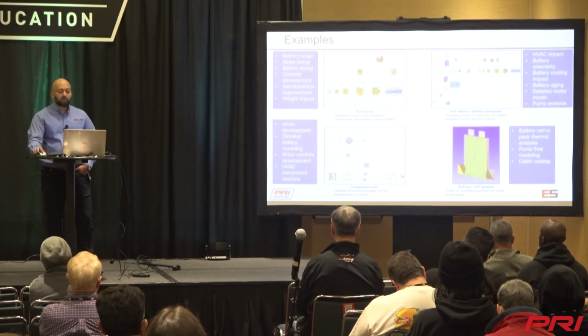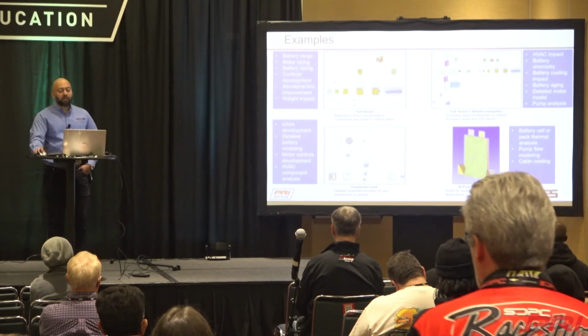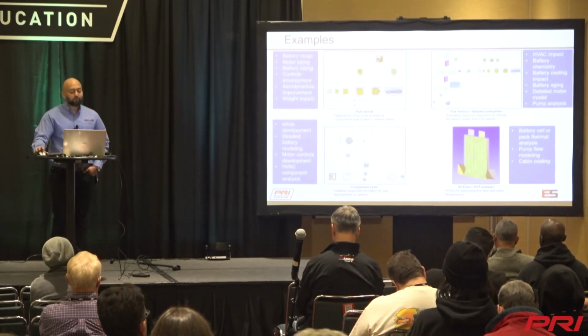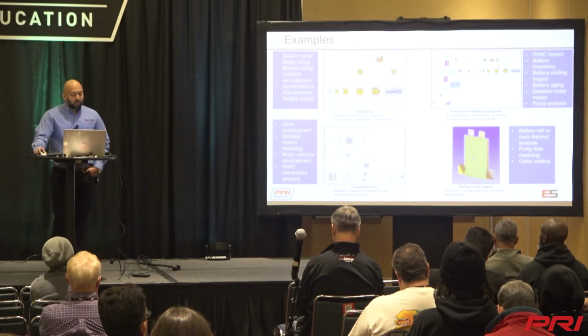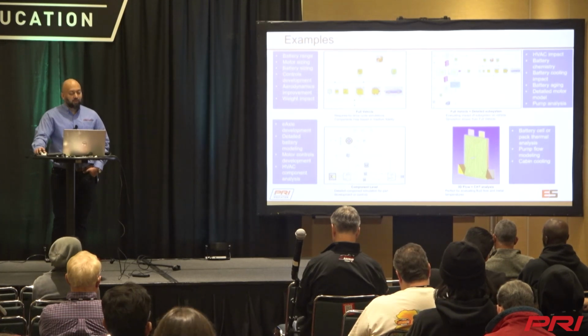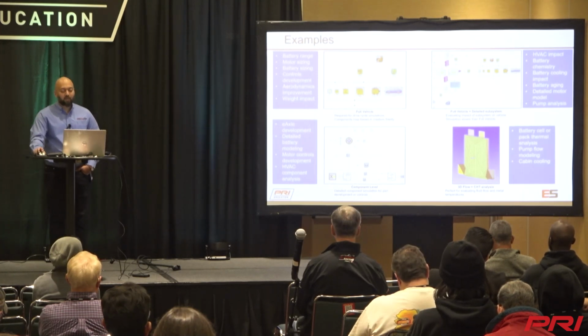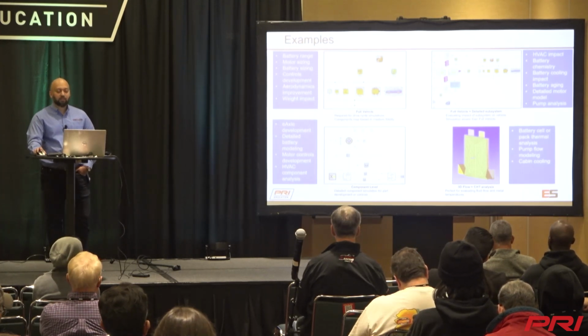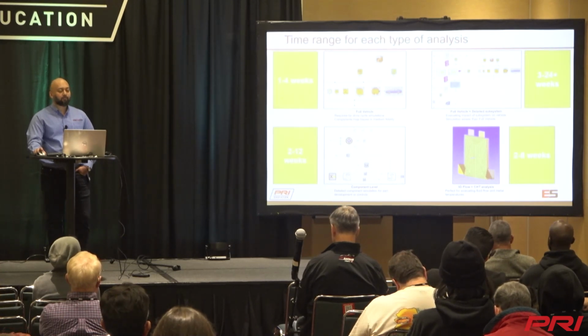Now this can be HVAC, battery cooling, battery aging, detailed motor model, etc. And then on the component level, you have components, so e-axle development, motor controls, detailed battery modeling. And then on the 3D CFD side, I already talked about battery cell or pack thermal analysis, pump flow modeling, and cabin cooling.